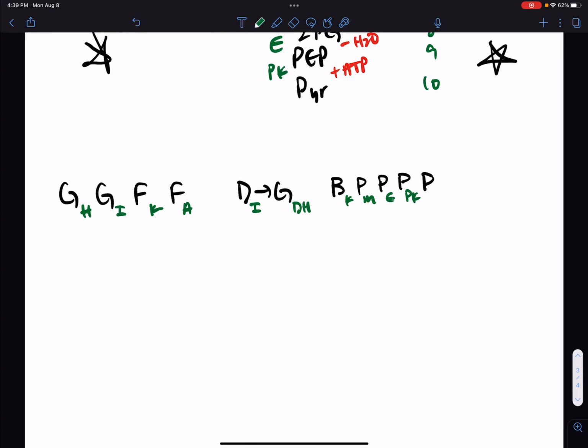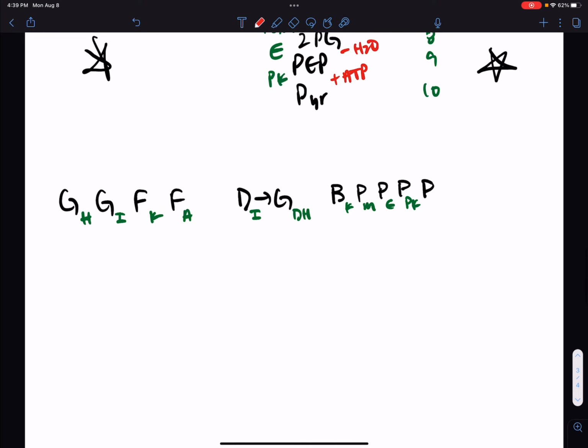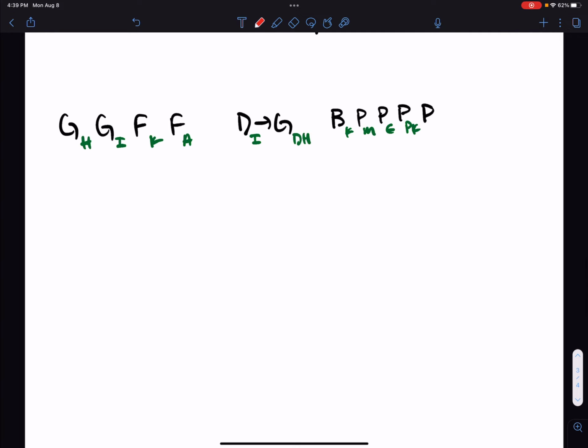So this is kind of what helped me, just as I'm doing a quick run through on my own time: GGFF, DG, BPPPP, or BP4, and then HICA, IDH, KME, PK for the enzymes there. But then you always have to remember what steps in glycolysis have cofactors or are an investment part or are a profit point.